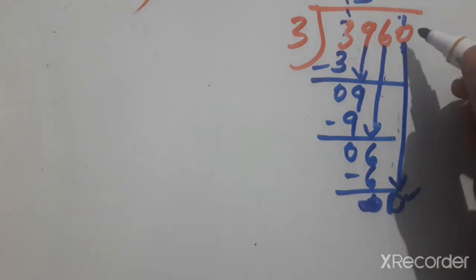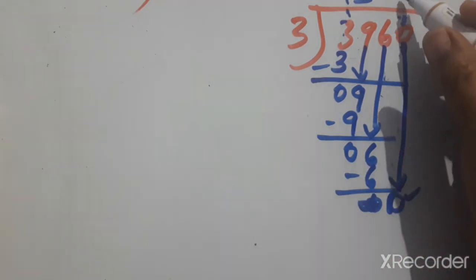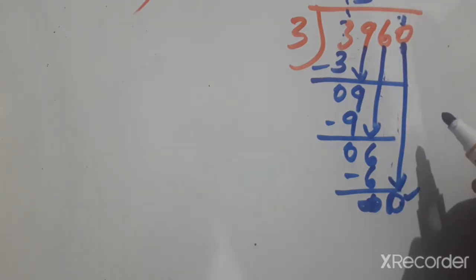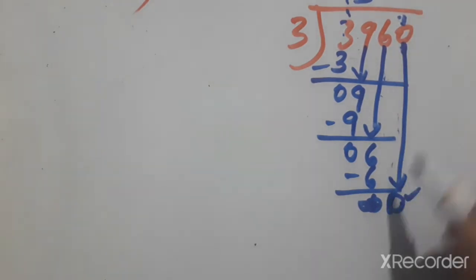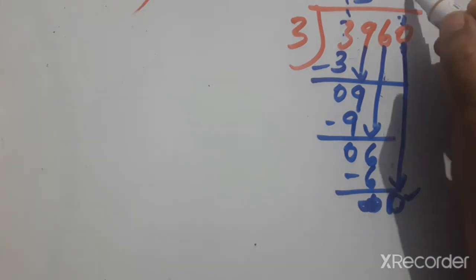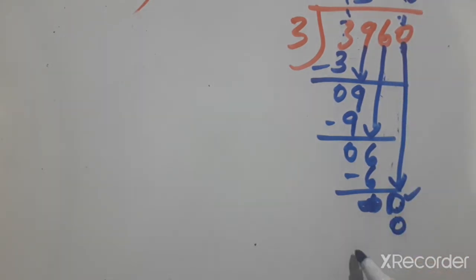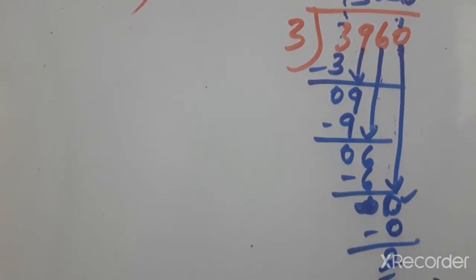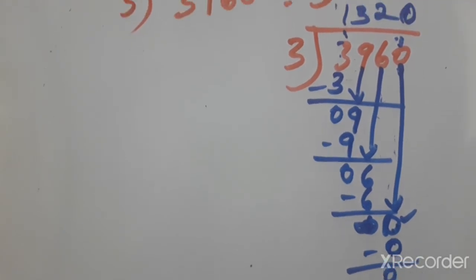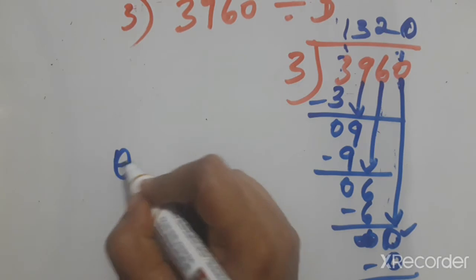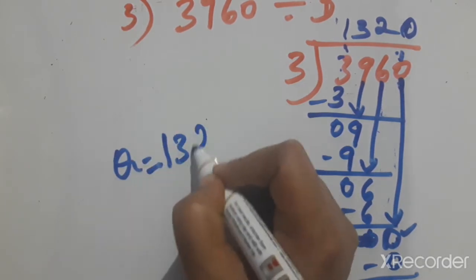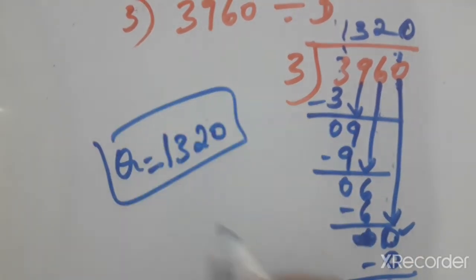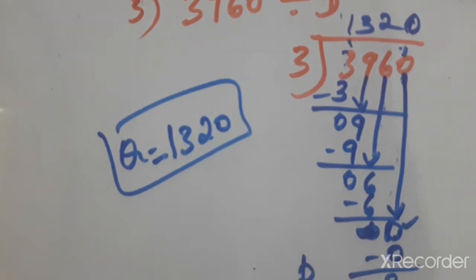This 0 is from the question, so we can directly write this 0 up, or we can consider it as a number. 3 how much is 0? 3 zeros are 0. Okay, this is the answer. So our quotient is 1320 and remainder is 0.